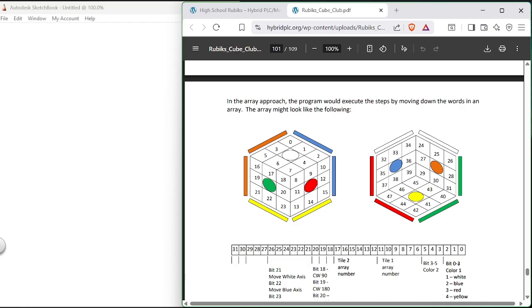You say, okay, so there's a piece that's white on one side, green on the other, right? So let's go find it. How do you go find it? Well, you say, here's the array position, and here are the colors, and do I find the white, green in that position? Okay, so I say, in this tile arrangement, did I find the white and the green?